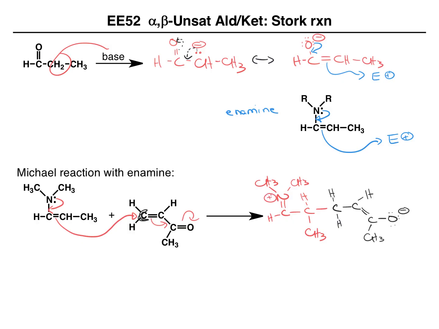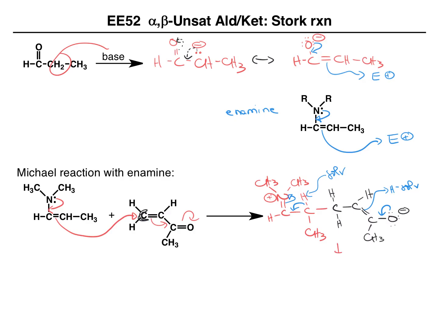Now we're going to have a few proton transfers, and these electrons can fold back in here to reform the carbonyl, while these electrons grab a hydrogen from the solvent, for example. And in addition, the solvent could grab off this proton, allowing these electrons to fold in here, pushing these electrons back onto the nitrogen as a lone pair.